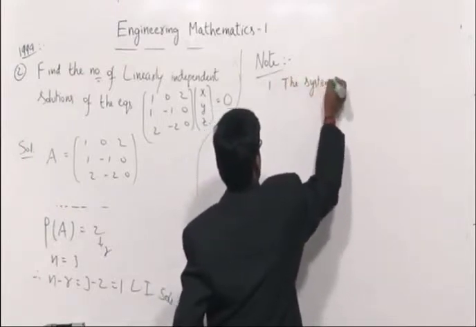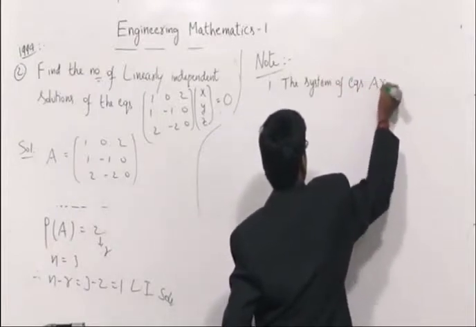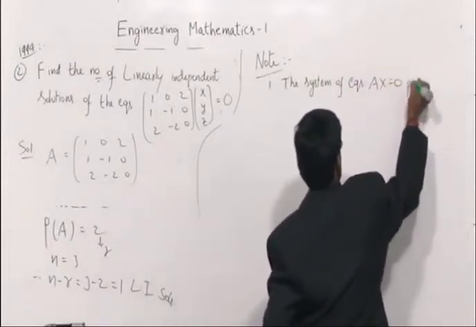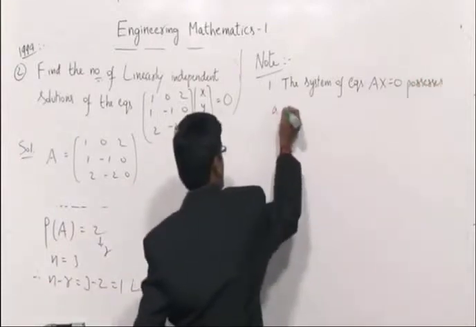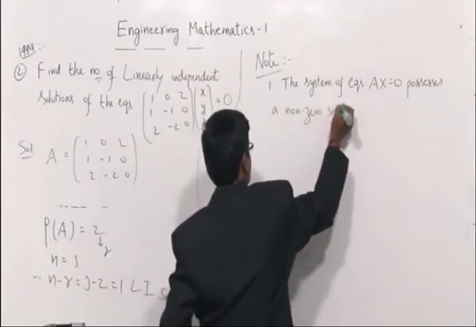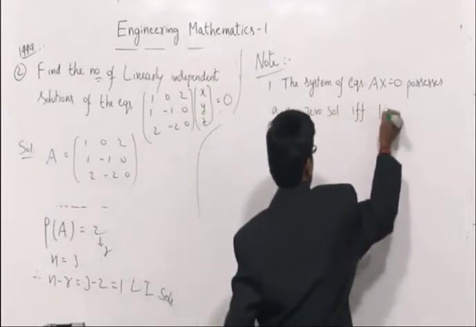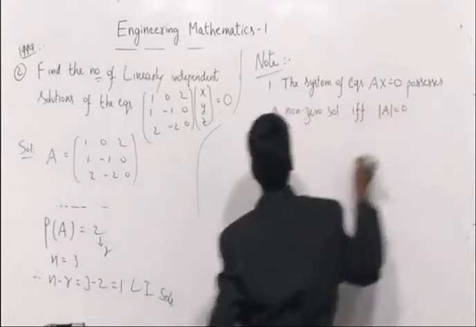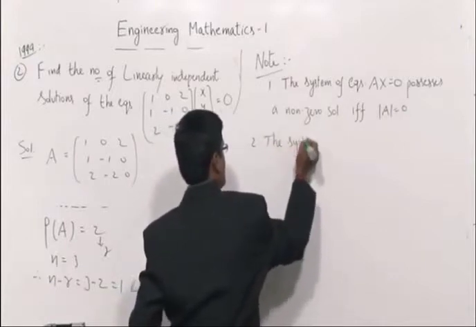1. The system of equations Ax is equal to O possesses a non-zero solution if and only if determinant A is equal to 0. 2.